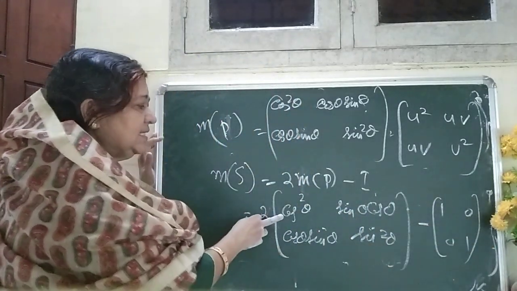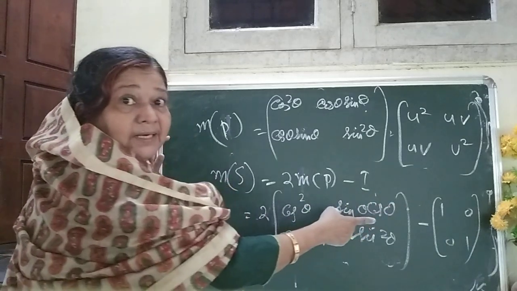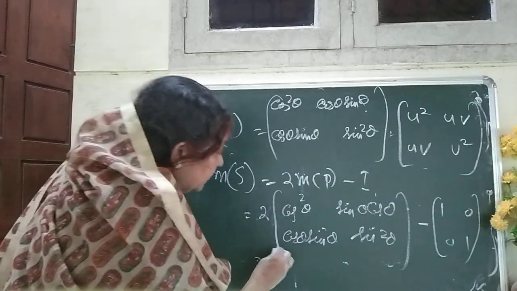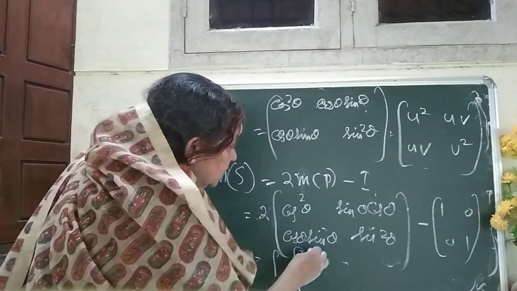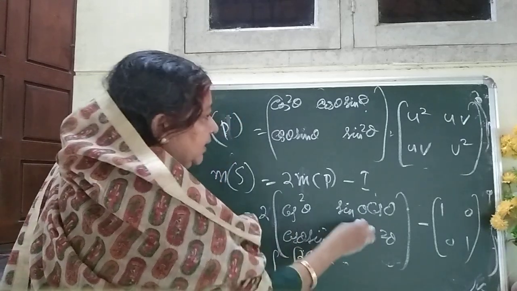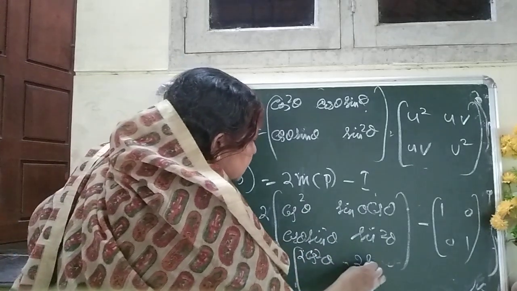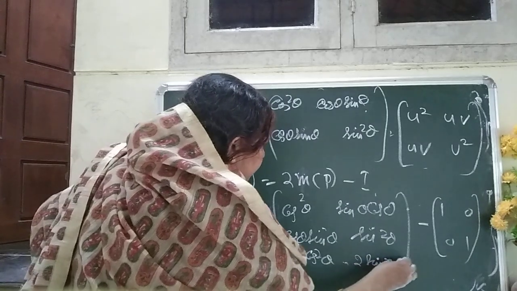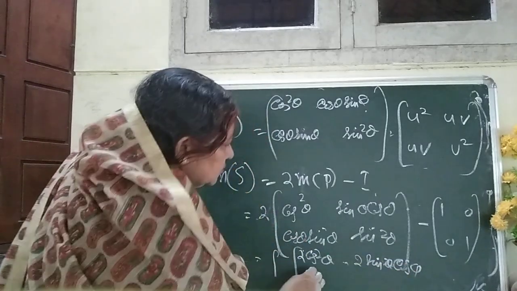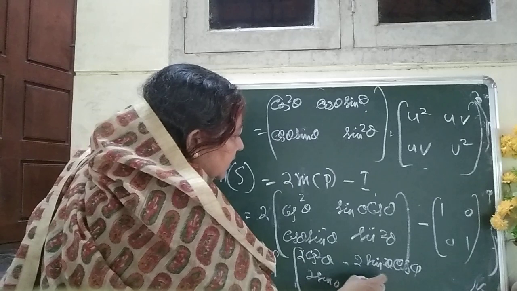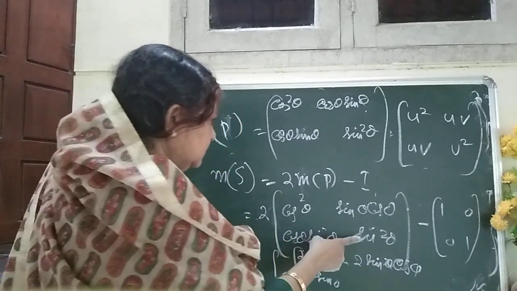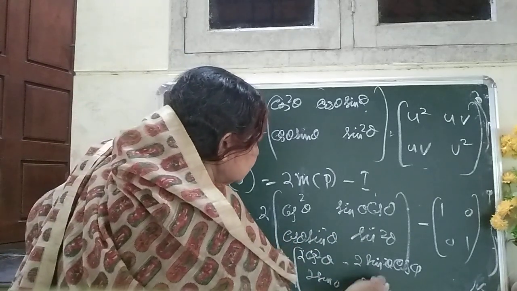On simplification, the first element is 2 cos square theta minus 1, the off-diagonal elements are 2 sin theta cos theta, and the last element is 2 sin square theta minus 1.